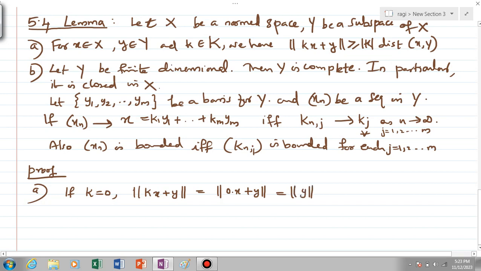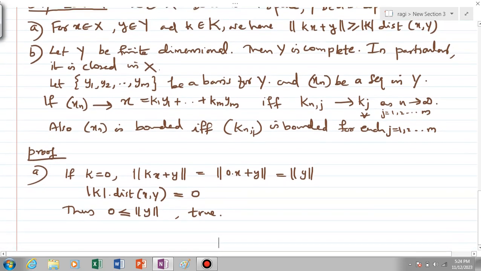And then the modulus of k times the distance of x from Y is equal to 0. Thus we have 0 is less than or equal to the norm of y. This is clearly true.